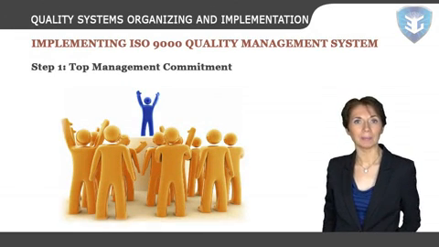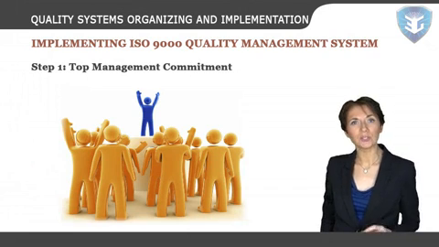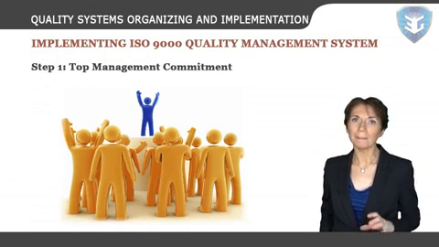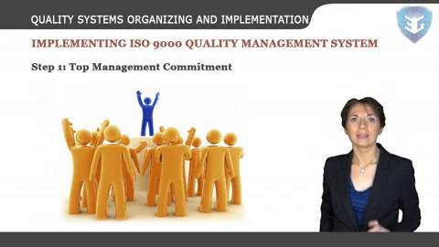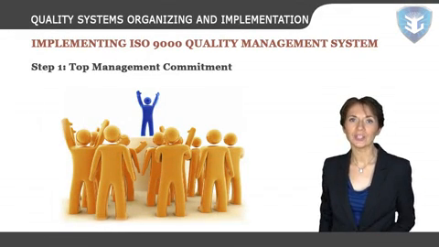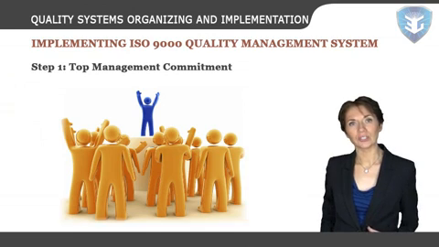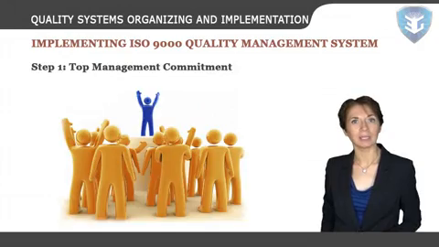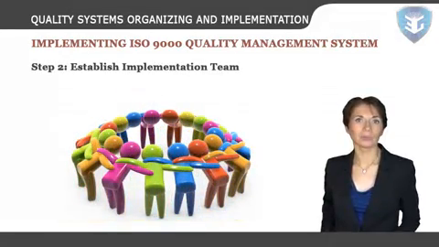Top management commitment. Without top management commitment, no quality initiative can succeed. Top management must be convinced that registration and certification will enable the organization to demonstrate to its customers a visible commitment to quality.